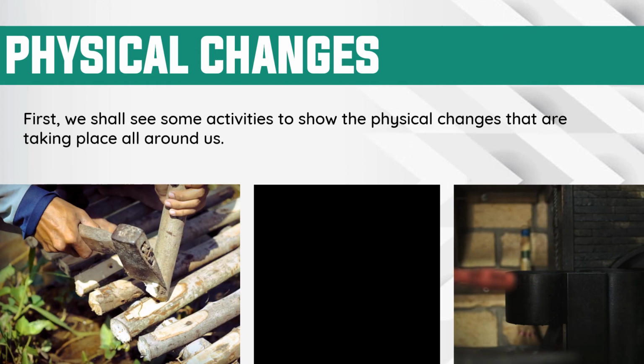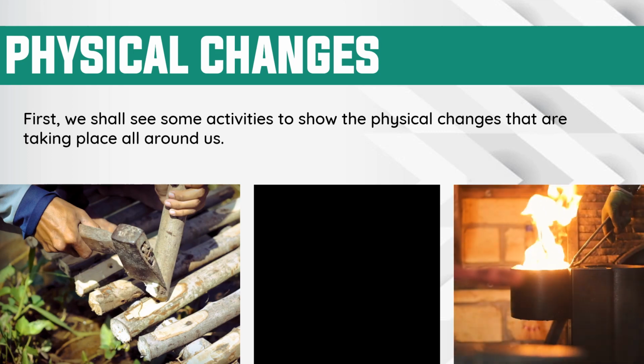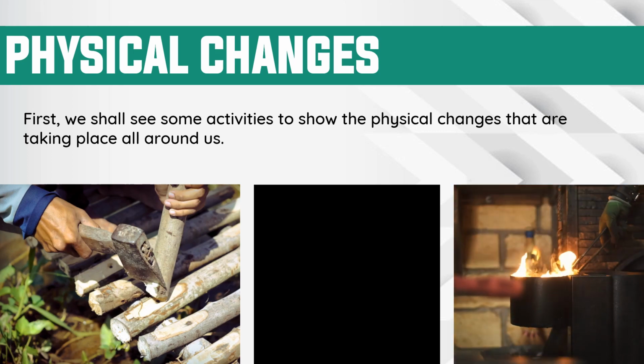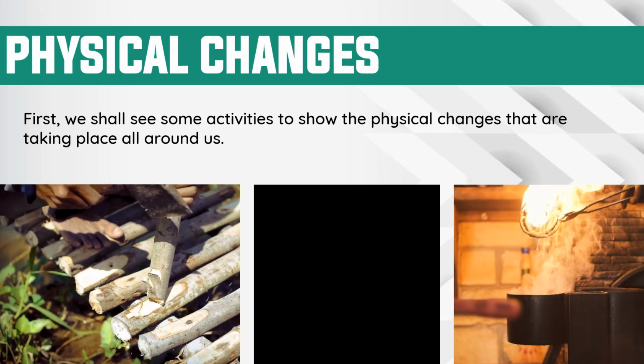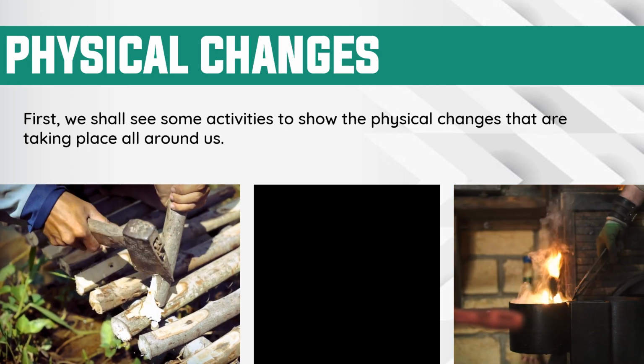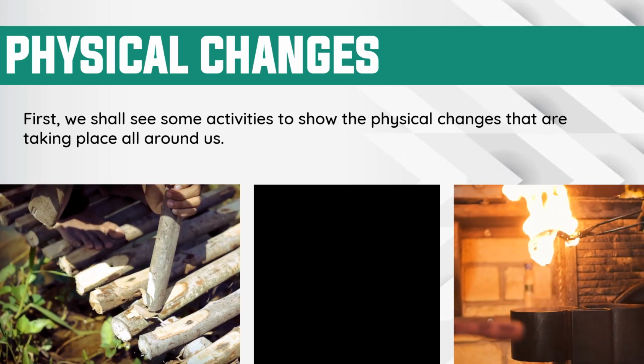Now we will learn more about physical changes. First, we shall see some activities to show the physical changes that are taking place all around us. First, we see this video. Here, cutting a log of wood with an axe.